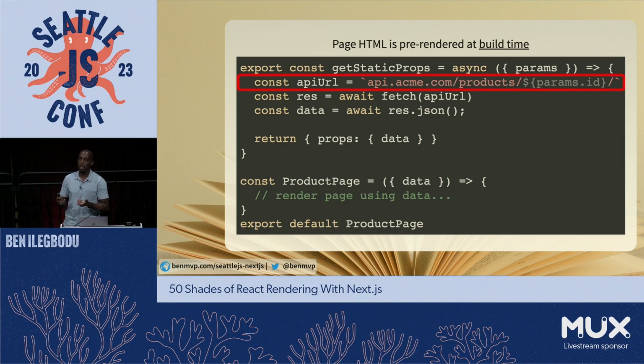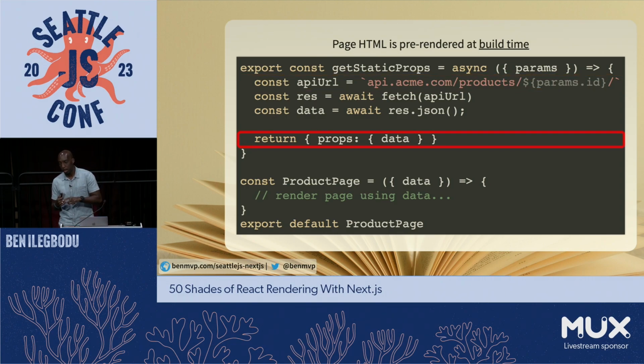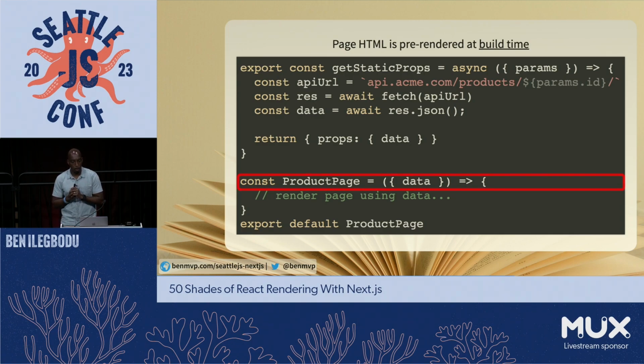It's still happening in Node, not in the browser, but also not on the running server; it's happening at build time. Just like with getServerSideProps, the data is returned from getStaticProps, and that becomes the props passed to the product page component.